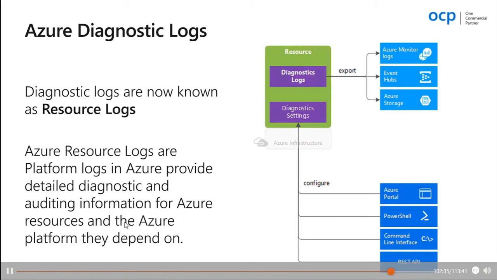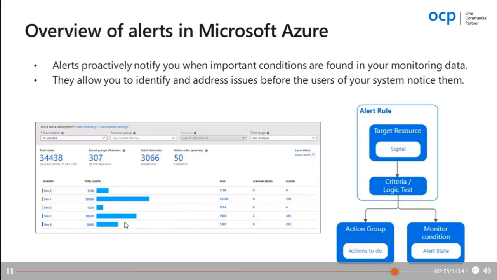I also have the resource logs, which come from services that are deployed resources, like a network security group, a storage account, or a virtual machine. And I can basically have all those logs inside Log Analytics.